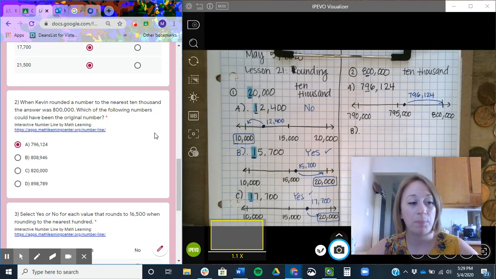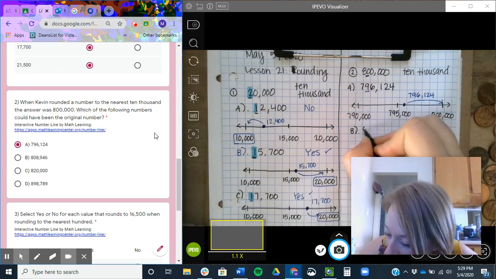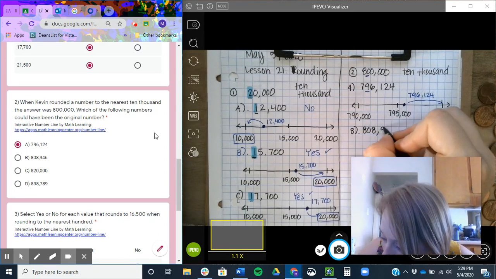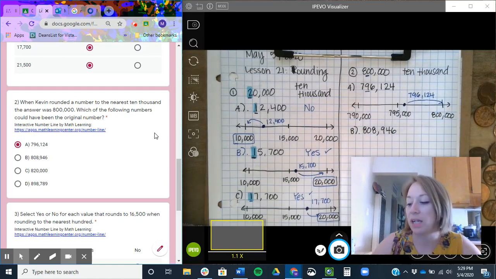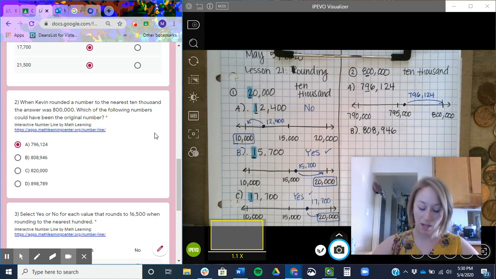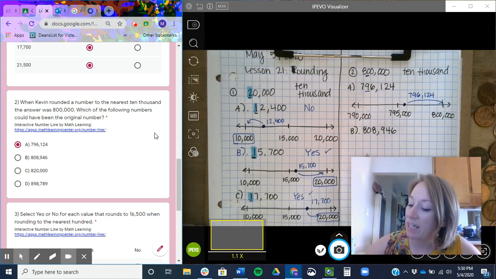The number for choice B is 808,946. I'm going to say that number again. 808,946. Say it to yourself 2 times. Now let's underline the 10,000s digit.